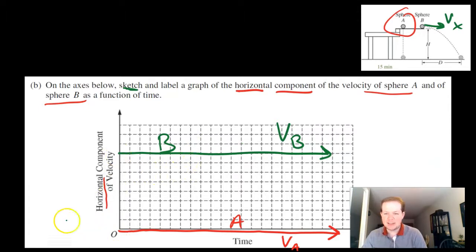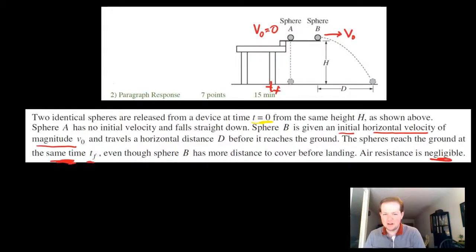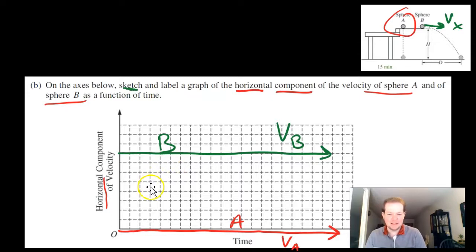You know, I'm starting at 0. Should I start like down here and include like the flick of the sphere? I mean, they don't really include that. It says it's given some initial horizontal velocity. Yeah, like they're not making any reference to include the time before the ball was moving.